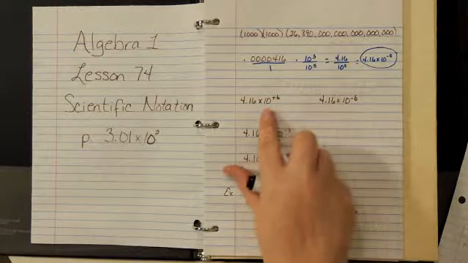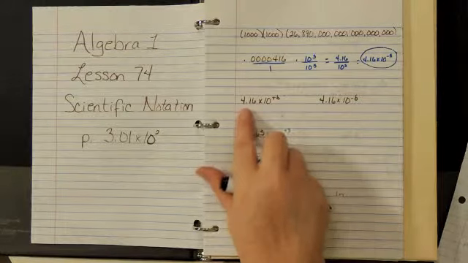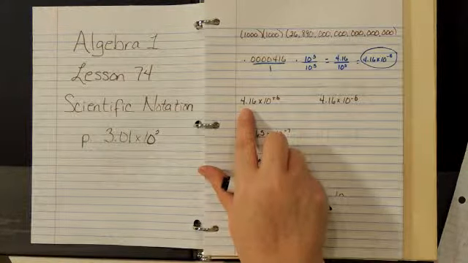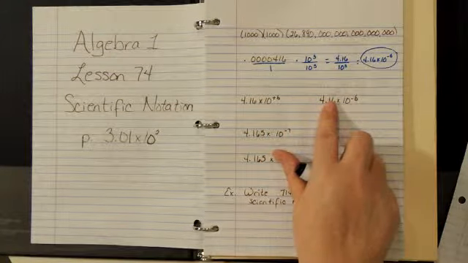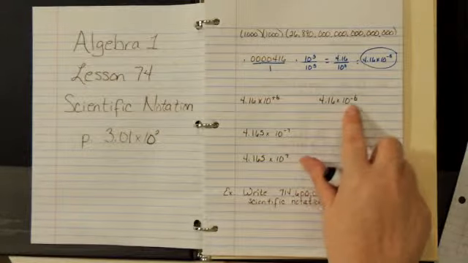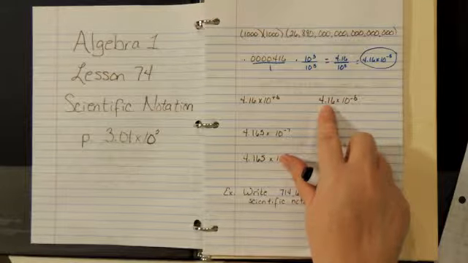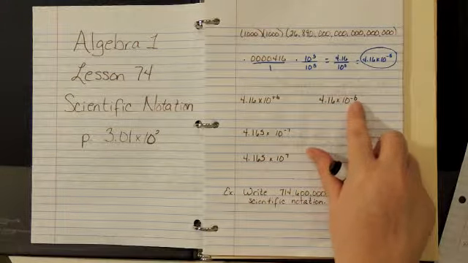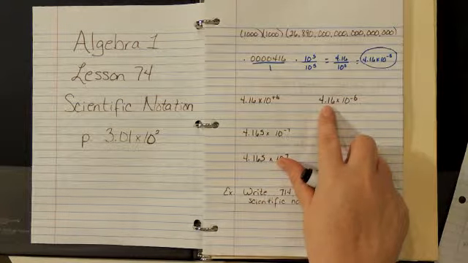So 10 to the positive b tells us that the true location of this decimal is b places to the right of where it is written right now. If it's a negative b, it's telling us that this decimal in reality is b places to the left of where it is right now.